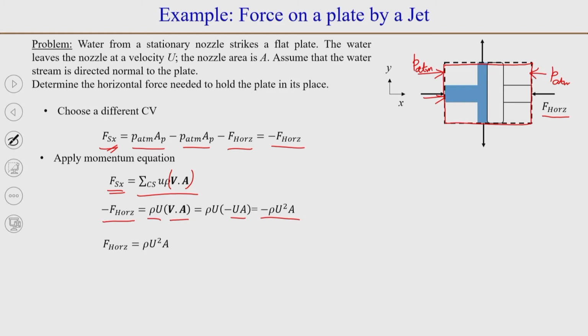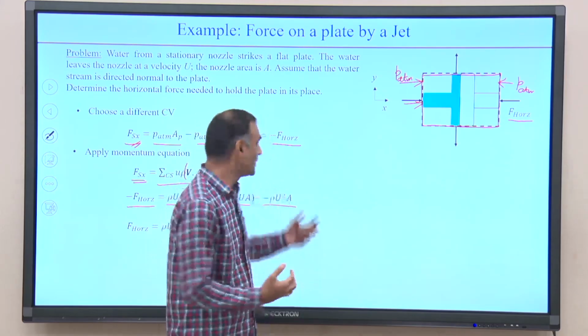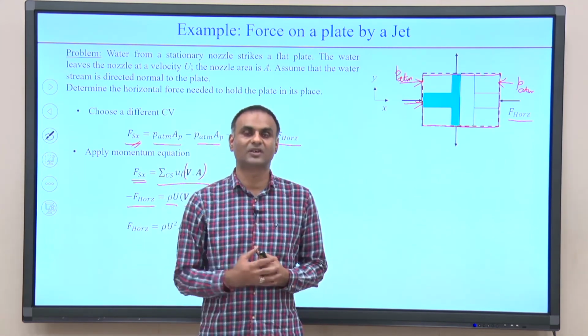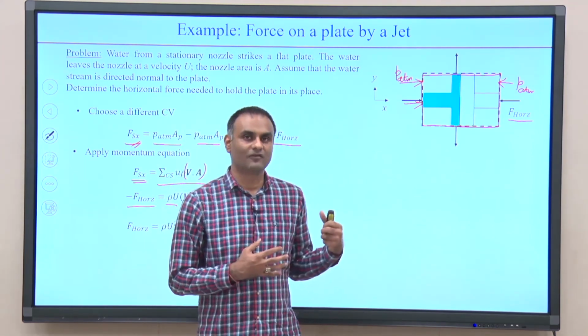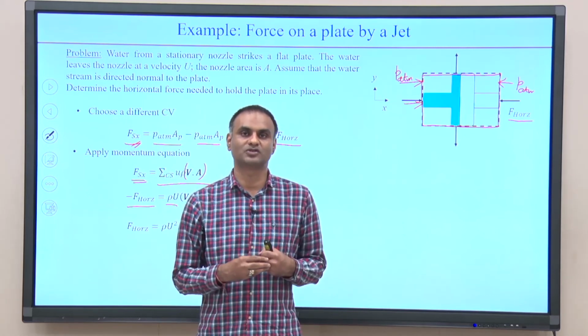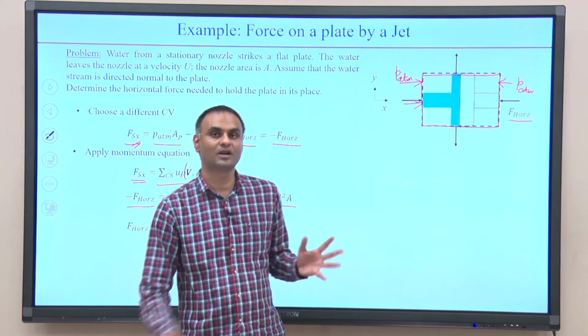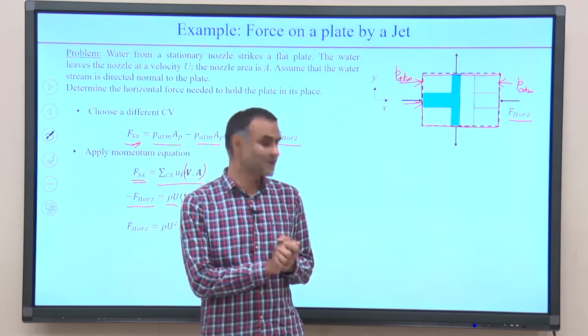So, by the choice of two different control volumes, when we chose a control volume on which the force required was acting, we were able to solve the problem easily. We just needed to apply the momentum conservation equation only once.